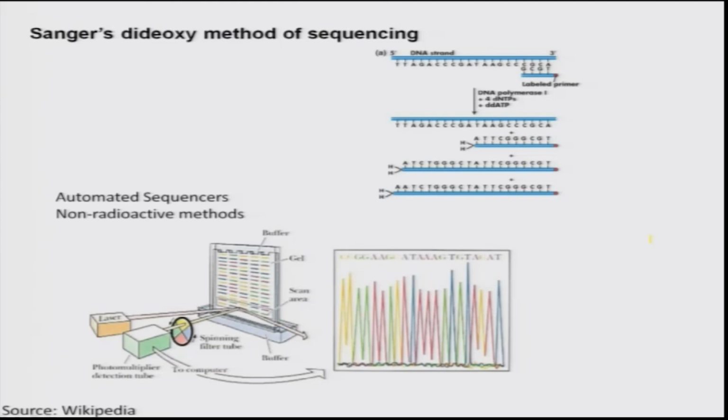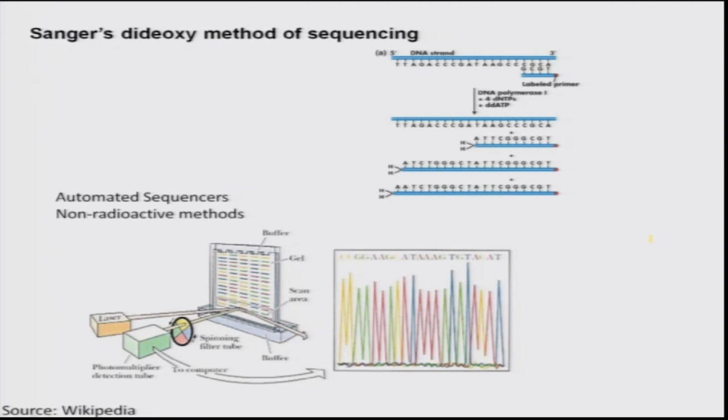Therefore, you are able to distinguish one base from the other. In other words, you can do all 4 reactions, termination at any one of the bases A, T, G, C, in a single tube, and depending on what kind of fluorescence they emit upon excitation, you will be able to call which base it is.